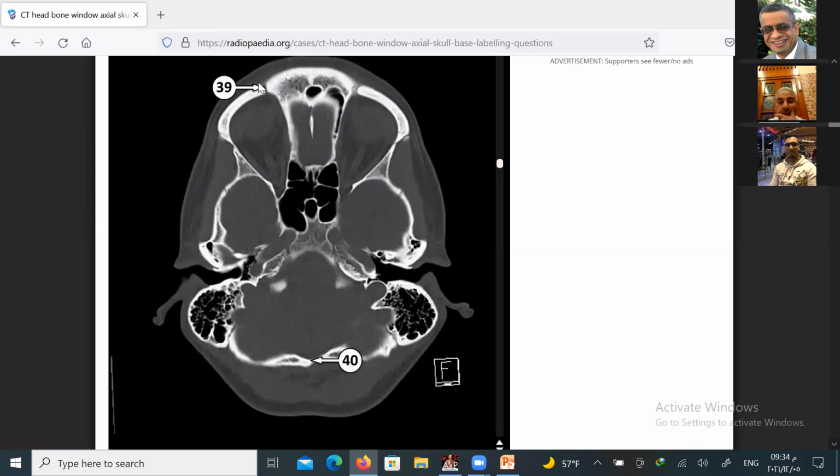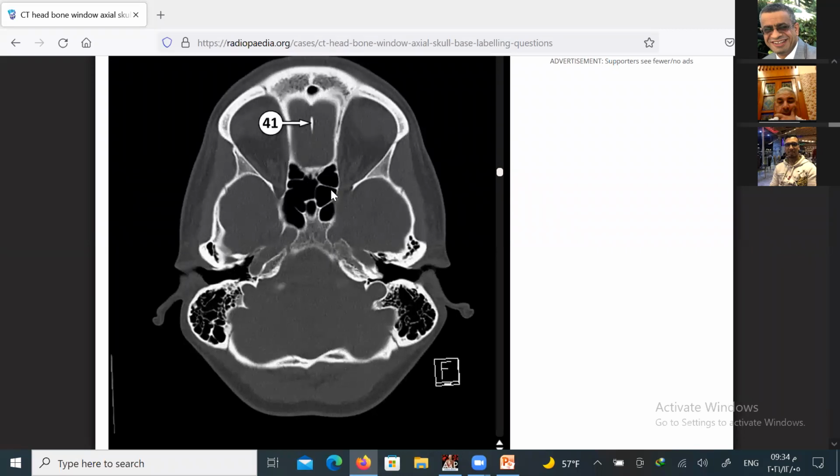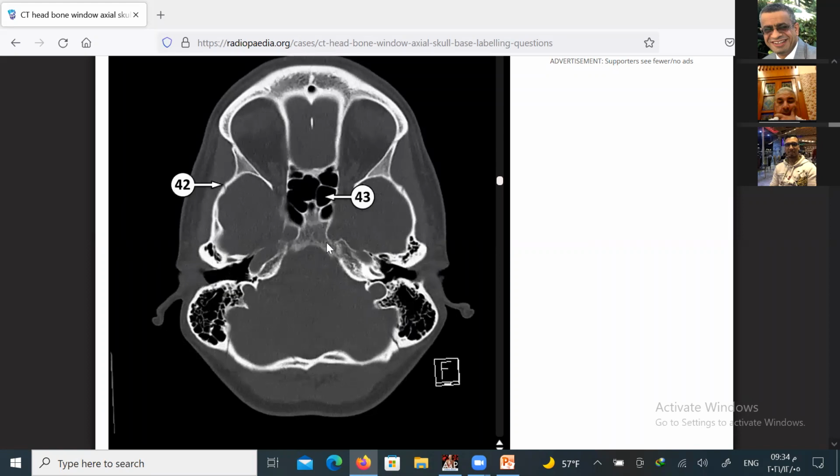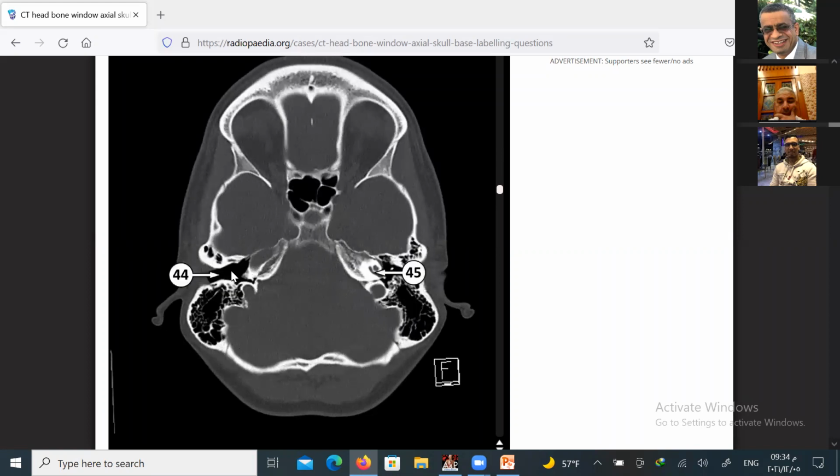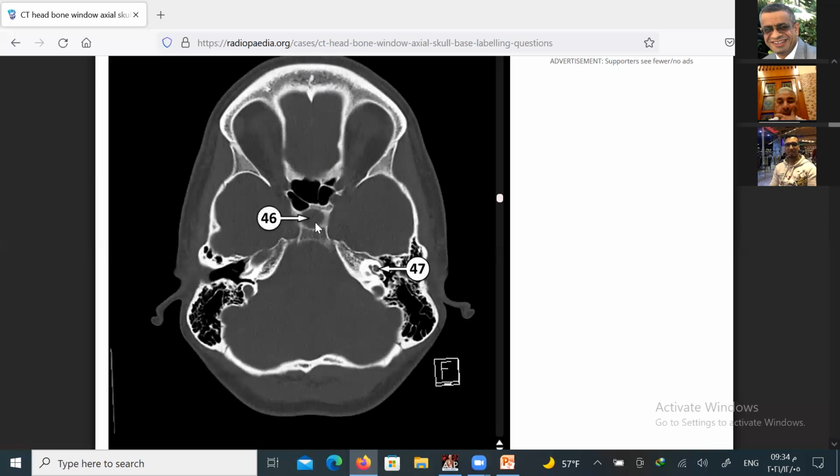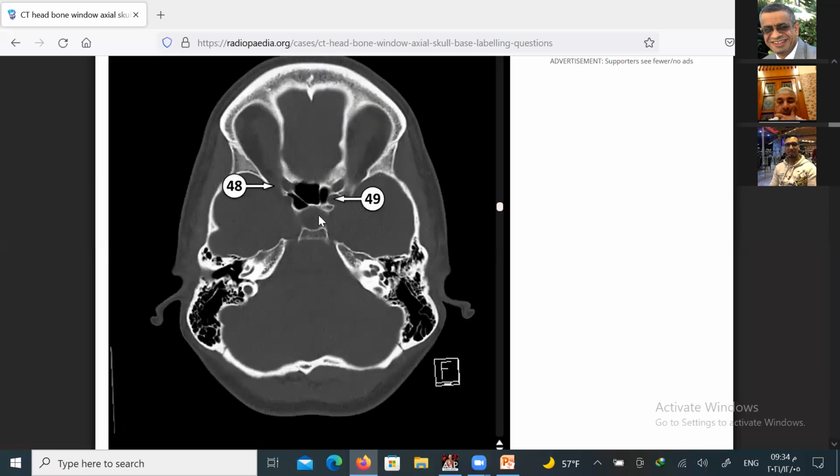This is the supraorbital foramen, and this is the crista galli. This is the sphenoid air cells. This is the external auditory canal, and from this side we can see the beginning of the sella turcica and pituitary fossa. This is the pituitary fossa, pituitary gland, and this is the carotid groove or sulcus.